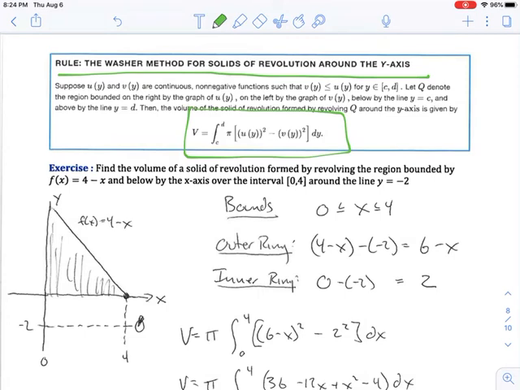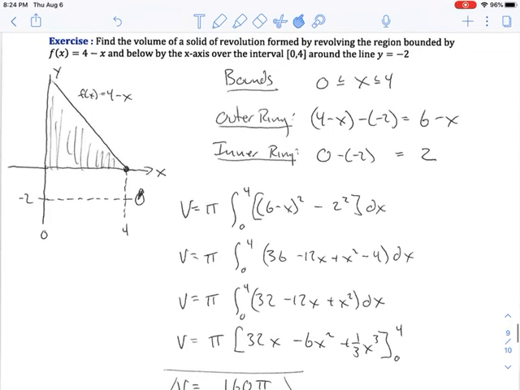Similar to when we did an example with the disk method around the y-axis, we can do the washer method around this y-axis, same idea. So here's another one where we have an axis of rotation other than one of the axes. Find the volume of a solid of revolution formed by revolving the region bounded by f of x equals 4 minus x, that would be this line, and below by the x-axis.